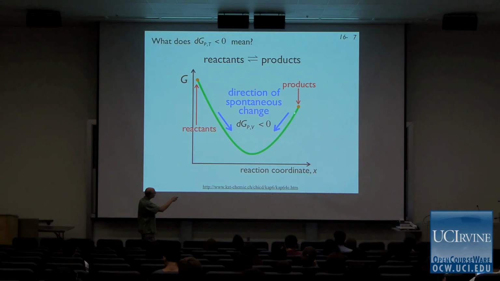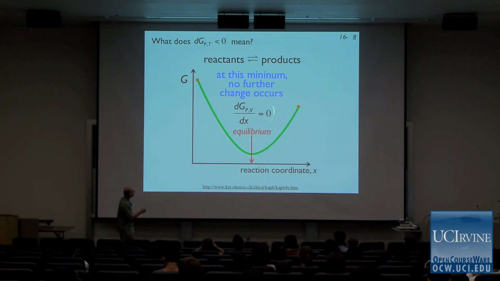And the Gibbs energy tells us what direction things are spontaneous in. So you roll downhill in this direction until you get here. You roll downhill in this direction until you get here. And at that point, there's no further change in the system. You're at equilibrium. And this derivative, the change in the Gibbs energy with this reaction coordinate, is equal to 0 at that point.